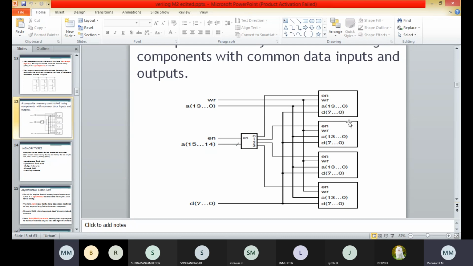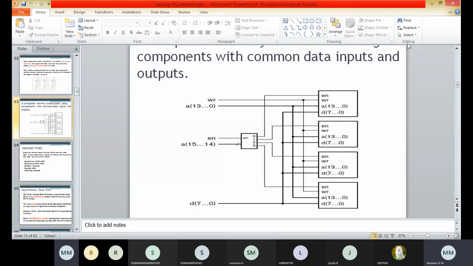By the time a read operation is required for these locations, the data would already be available from the memory. And this is a composite memory constructed using components with common data inputs and outputs.